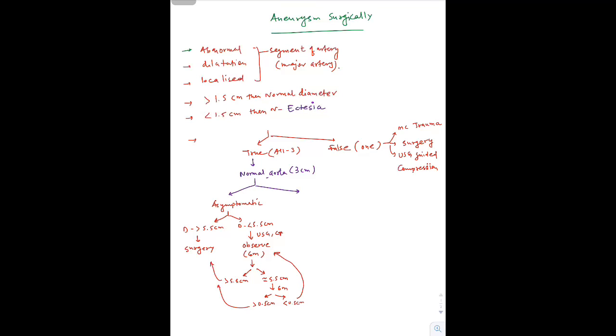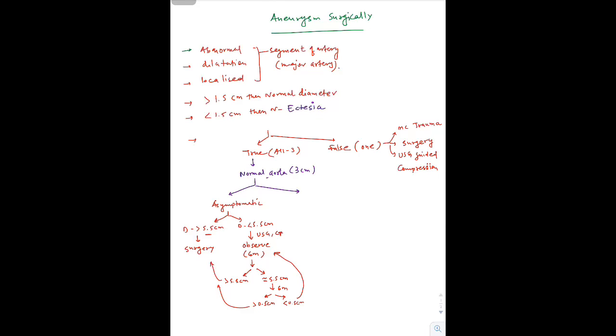We'll once again do USG, CT, and we will keep the patient on follow-up. So this is a basic rough idea. If the asymptomatic patient is coming and the size of aorta is more than 5.5 centimeter, then we will do surgery. If the size of aorta is less than 5.5 centimeter, then we will follow our wait and watch approach.